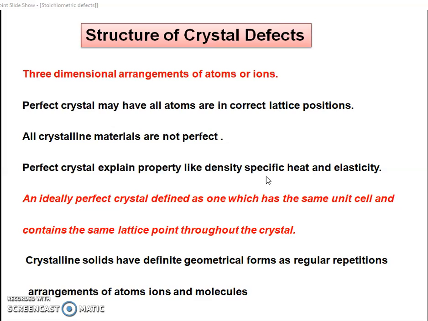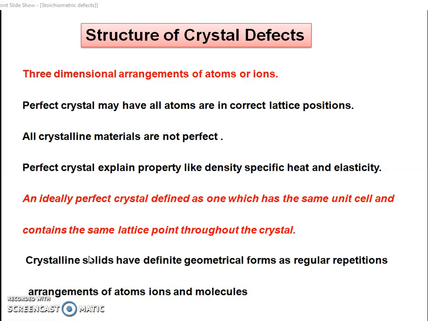So an ideally perfect crystal is defined as a crystal which has the same unit cell and contains the same lattice points throughout the crystal, which is called a perfect crystal. But perfect crystals can be obtained hypothetically only at absolute 0 Kelvin.